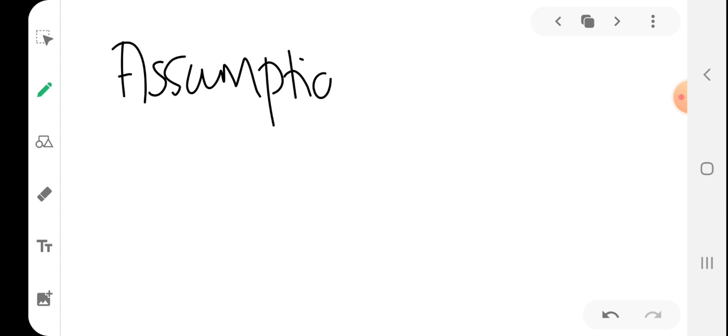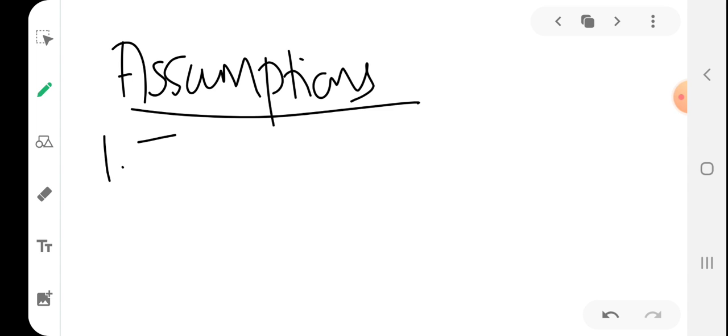Now, there are assumptions that we take so that we can consider a particular flow as a Rayleigh flow. These are the characteristics or assumptions.